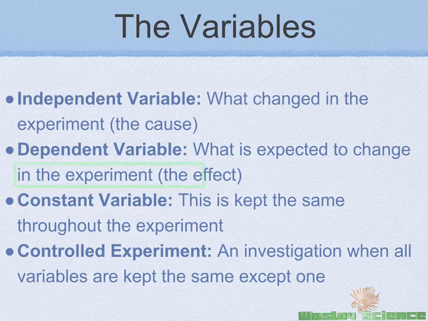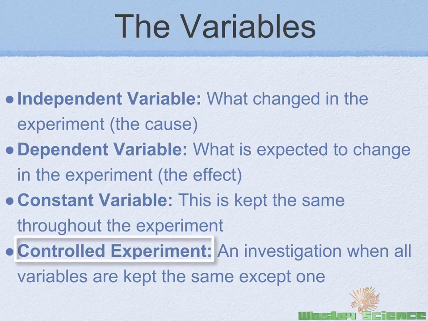So when we put all these pieces together, if you have an experiment that has only one independent variable and you measured the effect of when you changed that one independent variable and you kept everything else the same, we call that a controlled experiment. So a controlled experiment is just when you have one independent variable and you're measuring one thing and everything else is kept the same.